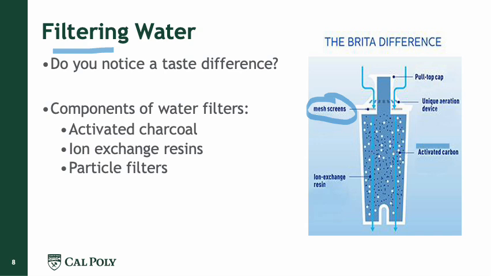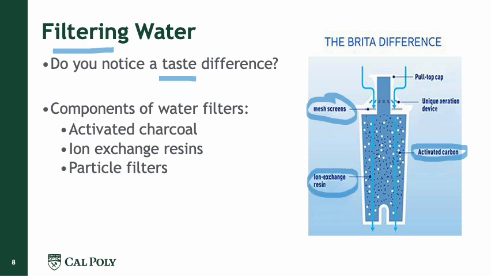Then we have activated carbon, which is mainly used to remove flavor compounds that we may not like. It also helps with the removal of chlorine. Then we have an ion exchange resin.